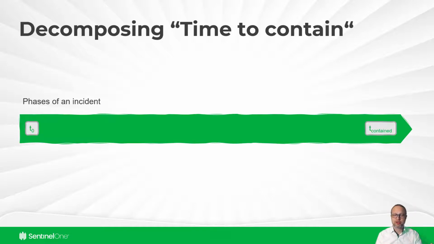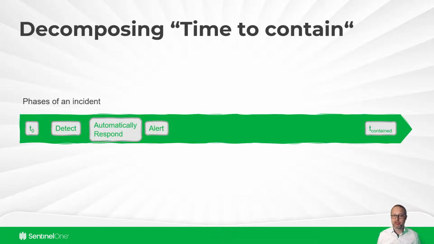So something occurs in the beginning. The compromise happens, the attack happens, somebody gains access. Then you need to first detect that that has occurred. That's the first thing that needs to happen for all of the other things to be able to take place. Then you may be able to enact automatic responses, which is potentially very fast because it's automatic.